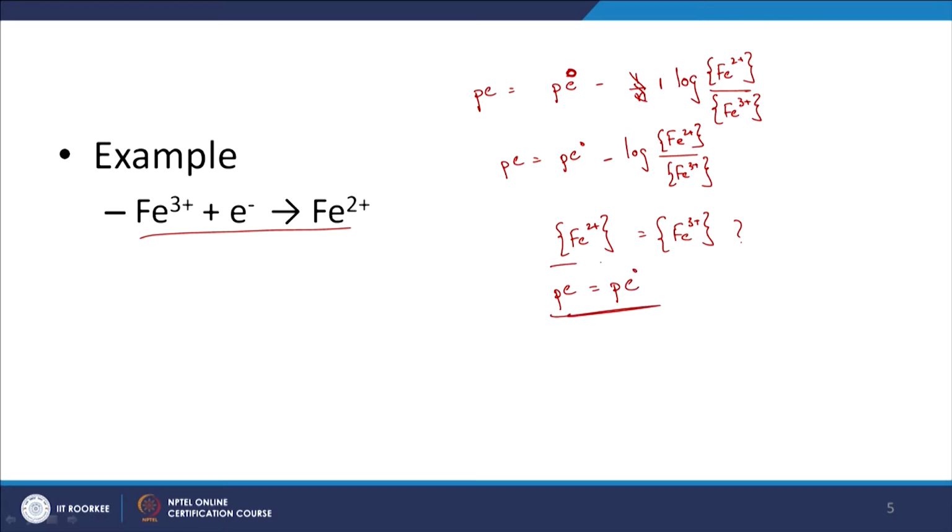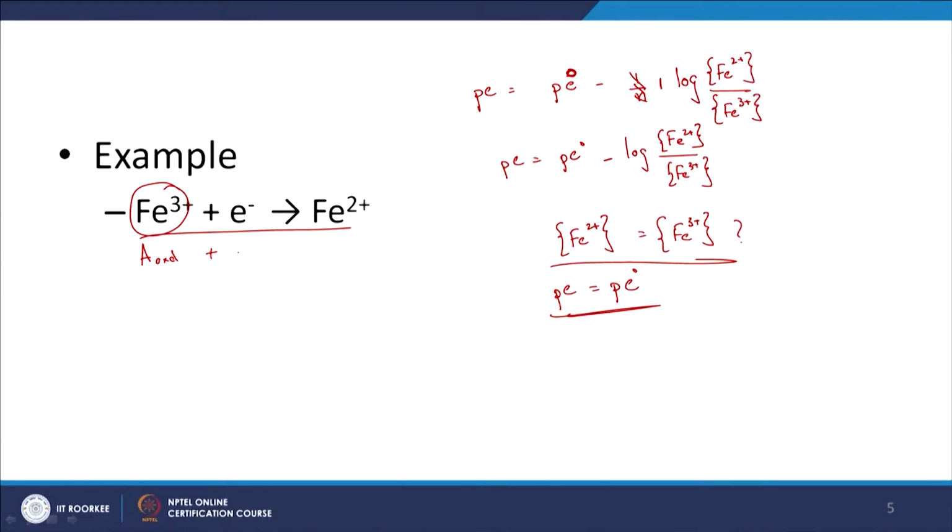This is the simplest case, where the oxidized form accepts electrons and the reduced form is formed. The oxidation state here is 3, and because it is accepting 1 electron, it is reduced to 2. That is pretty simple to visualize.